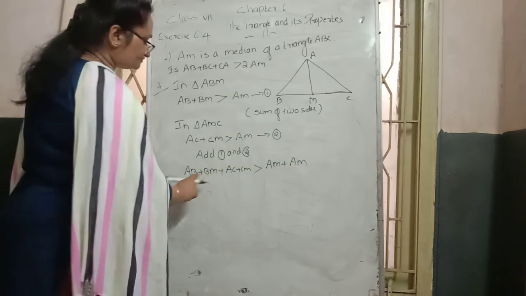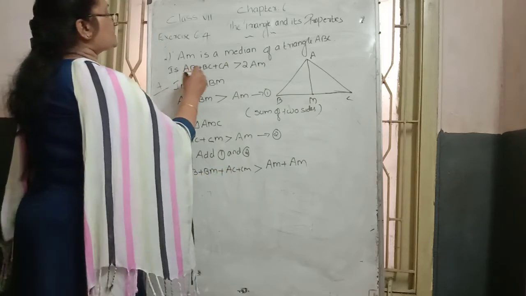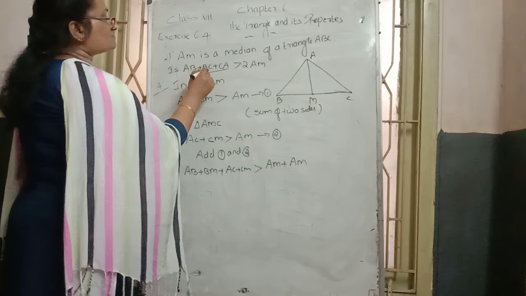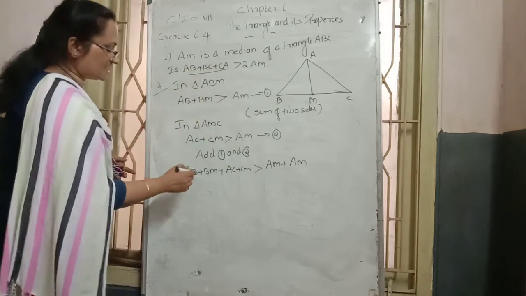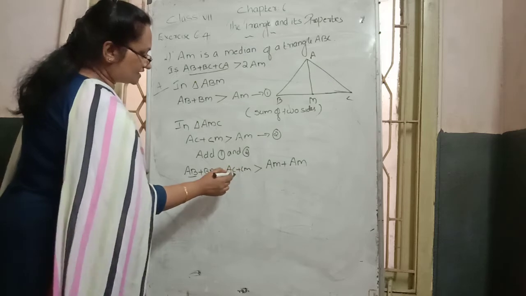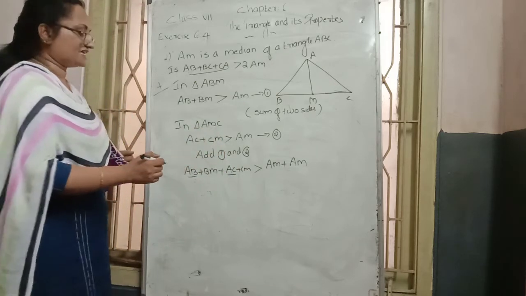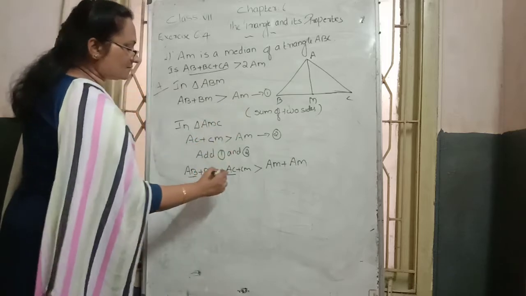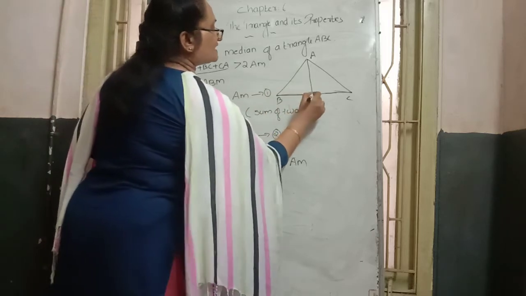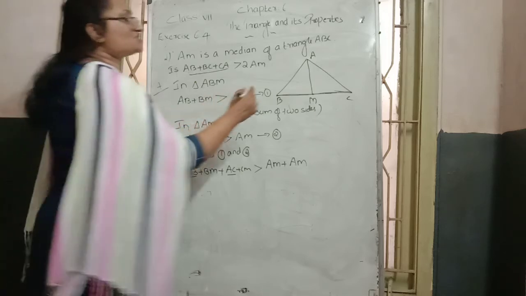Here we get AB plus, but in our question the three sides are AB plus BC plus CA. AB is there and AC is there, but these two are extra. How do we get that answer? See, when BM and CM are joined together, we get which side?